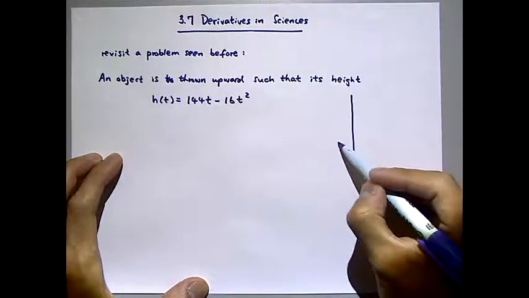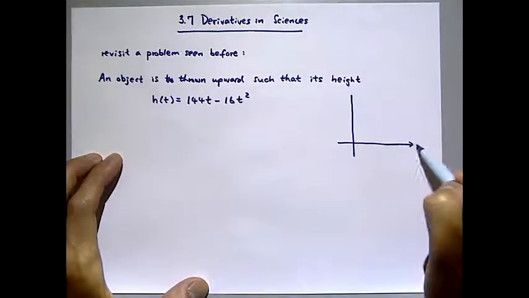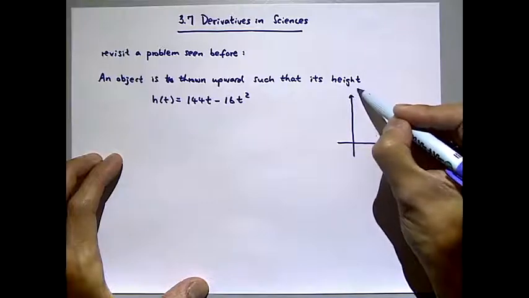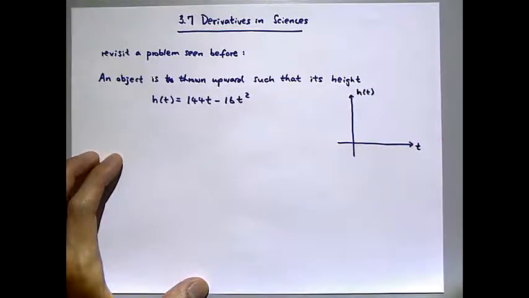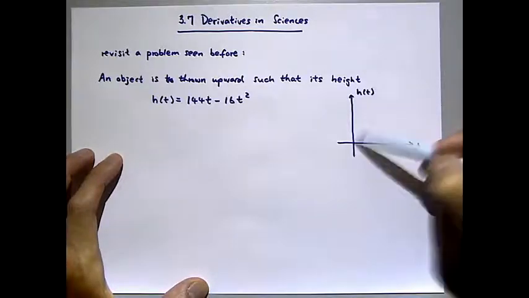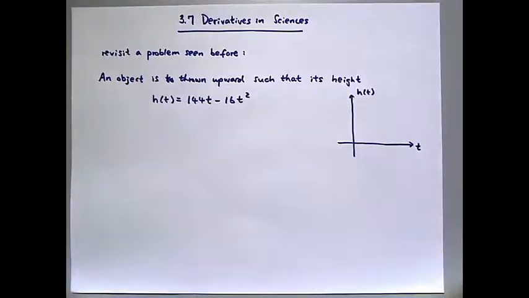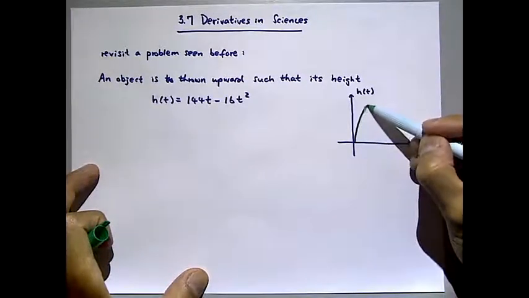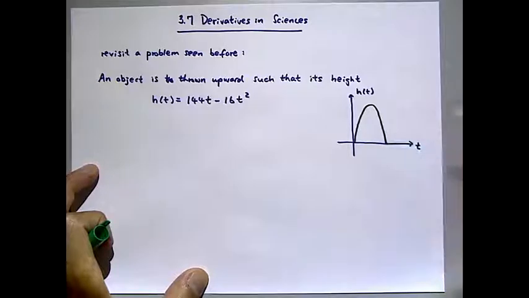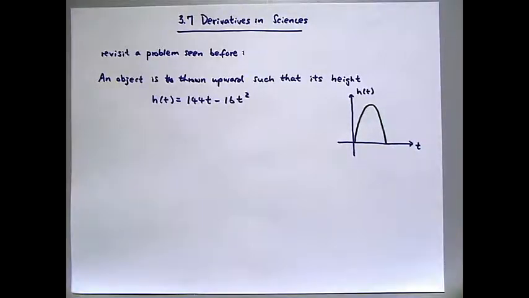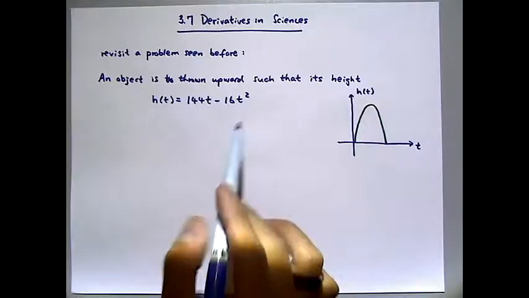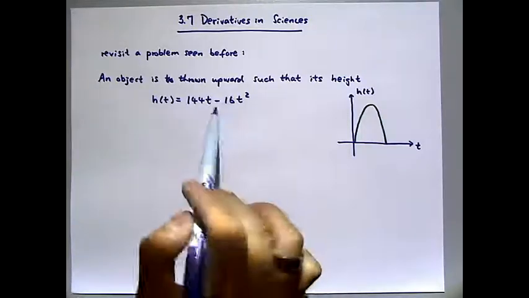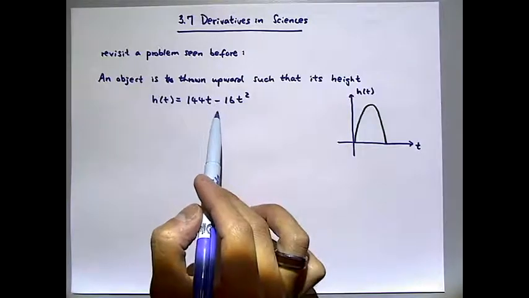From our physical intuition, if we graph the height versus time, at time 0, we're starting from the ground. And at some time later, it comes back to the ground, right? So we know that's the shape we're getting. And also from this t squared here, you know you're dealing with some kind of parabola that opens down because of the negative sign.